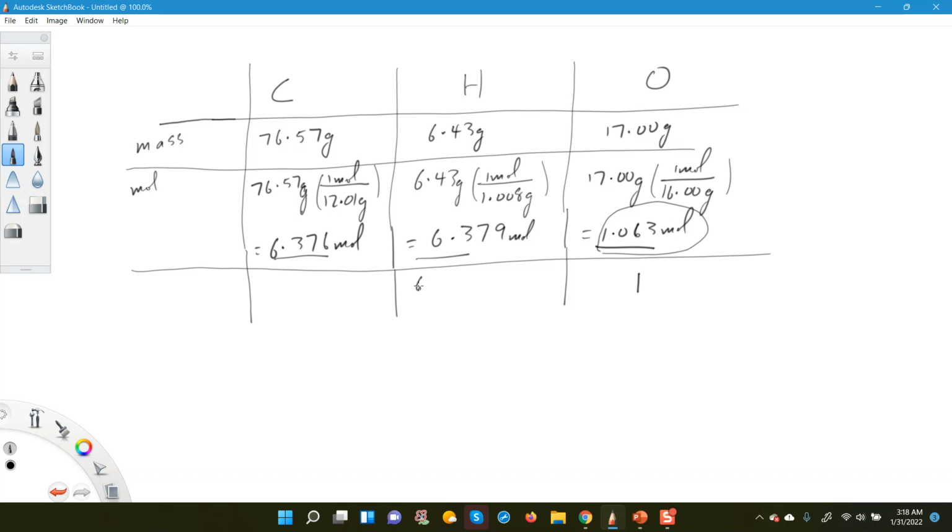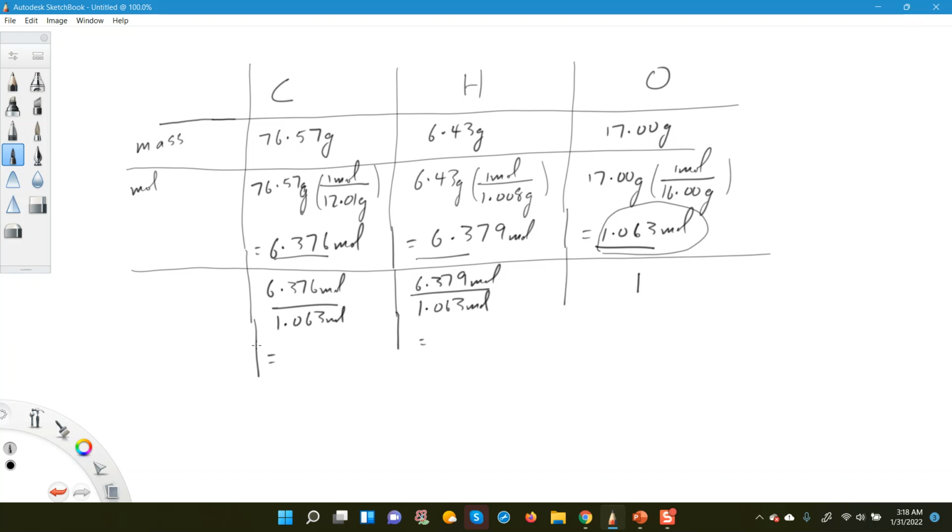Here you're going to have 6.379 moles divided by 1.063 moles. And here we're going to have 6.376 moles divided by 1.063 moles.